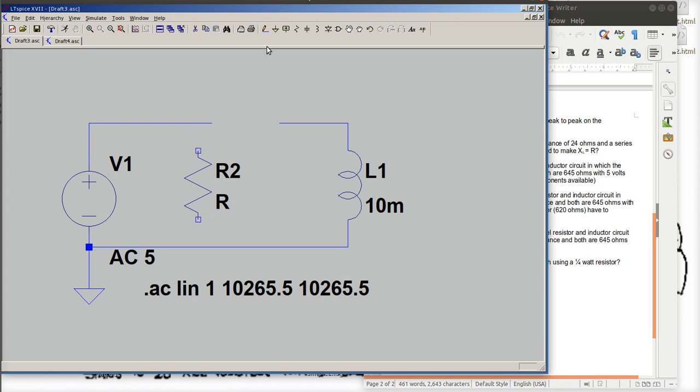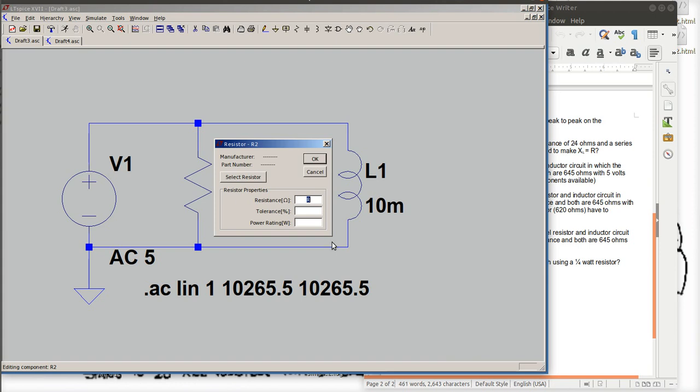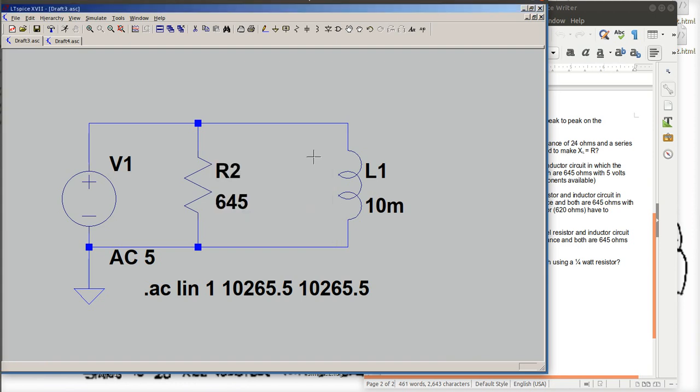I'm going to connect dots once I get my scissors off. Escape. And I got to make this resistor 645. My AC analysis will be the same frequency. I don't change anything, just the configuration of the circuit.